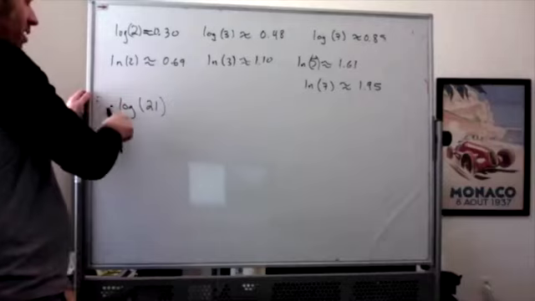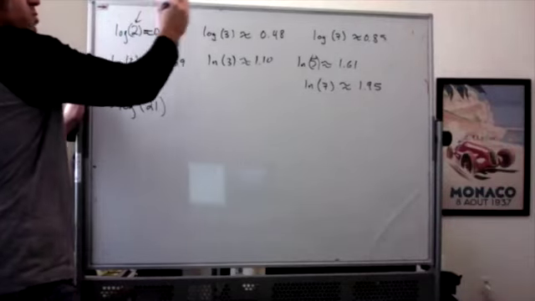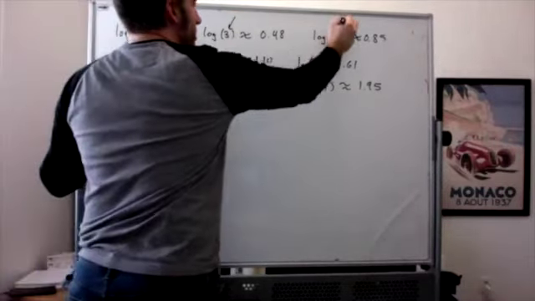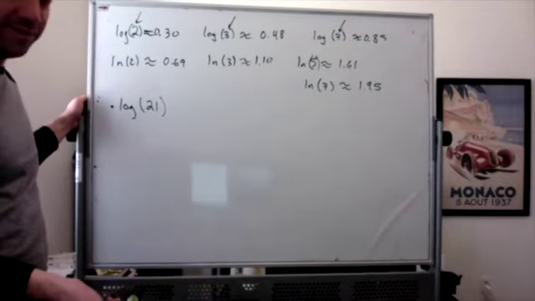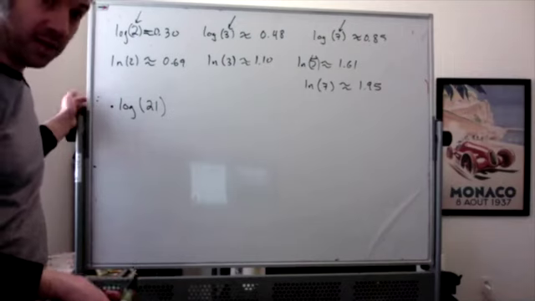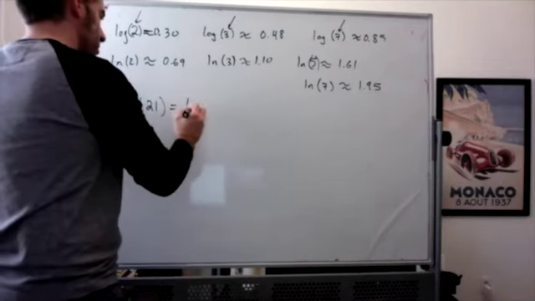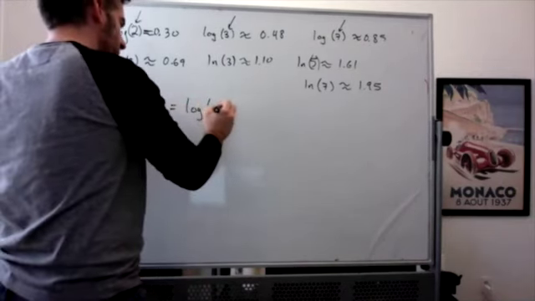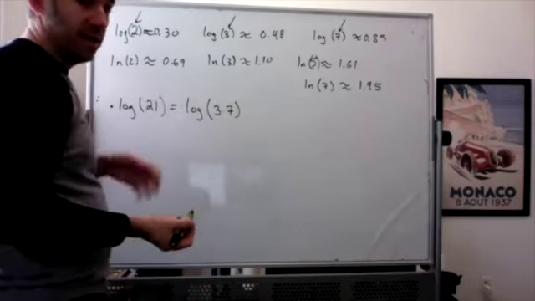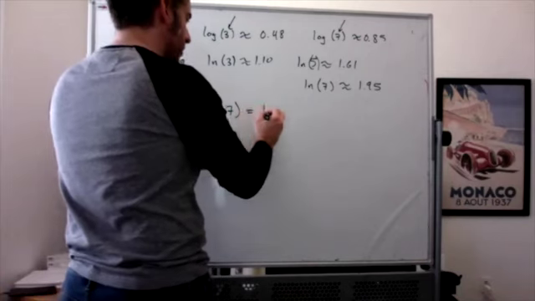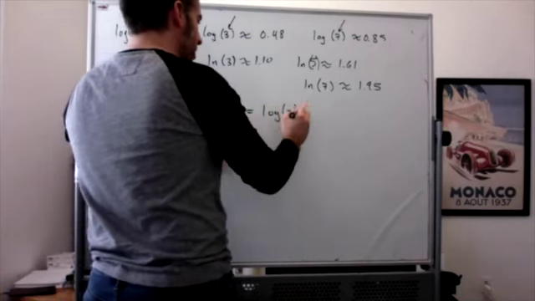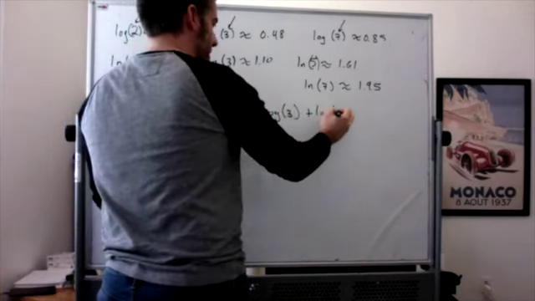Specifically, since it's log base 10, I've only got 2, 3, and 7 to work with. So I can write 21 as 3 times 7. So I'm going to write this as the log of 3 times 7. And then I can break that apart, right? Log of a product is equal to log of the first thing plus log of the second thing.